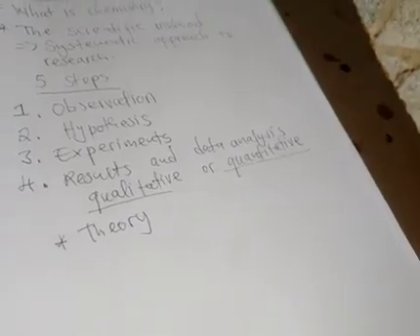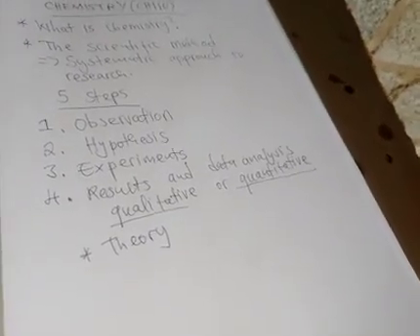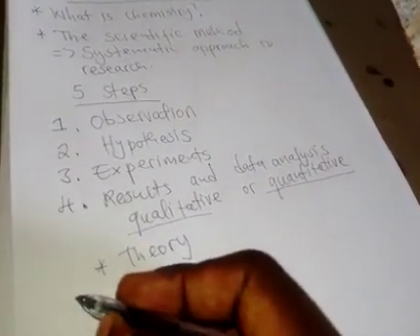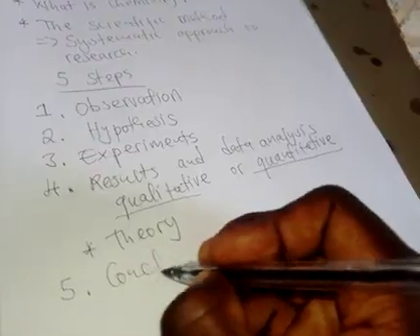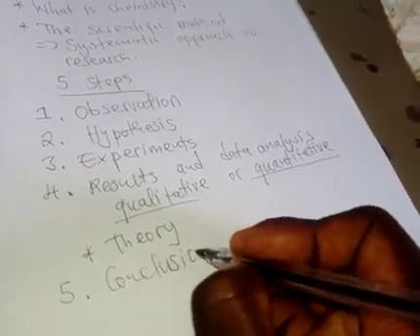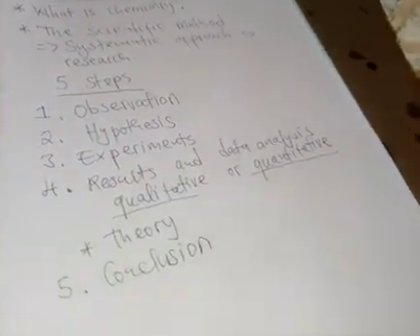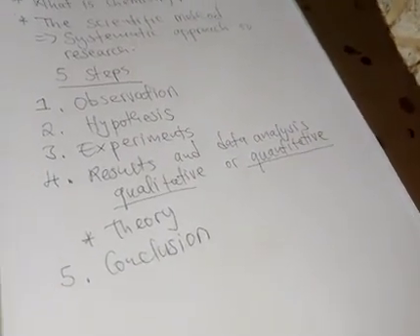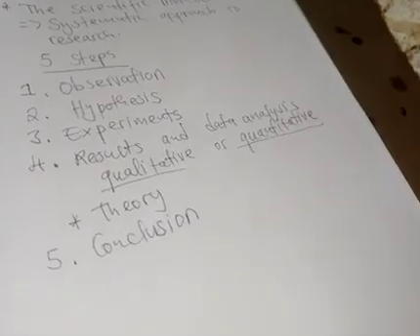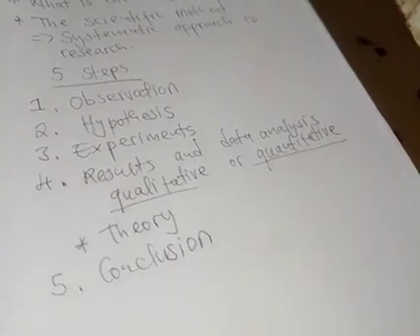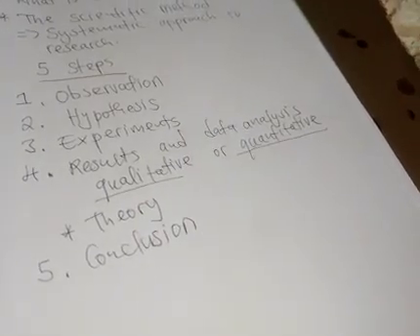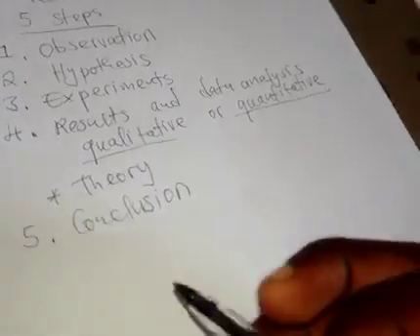Then from there, we have to move on to what we are calling conclusion. So you have to conclude. After analysis of data, a hypothesis can be true or false.